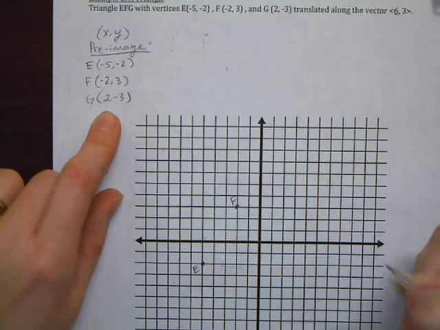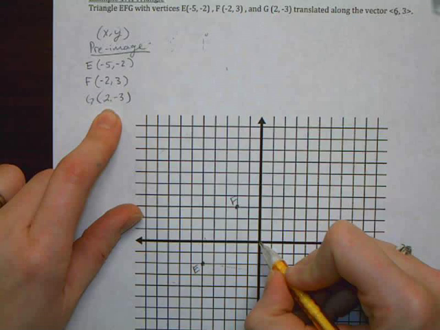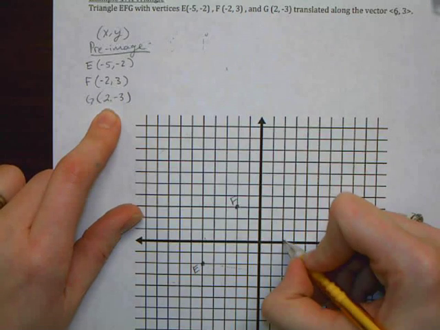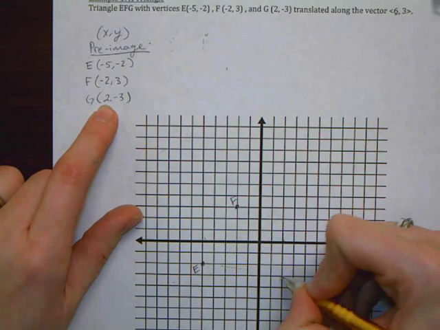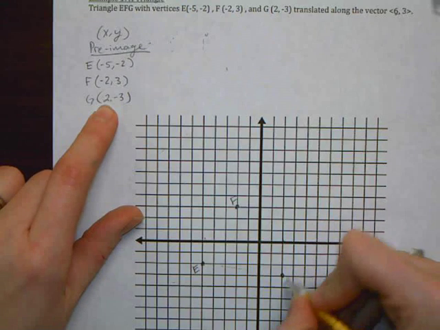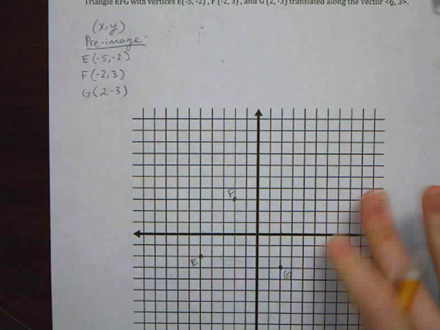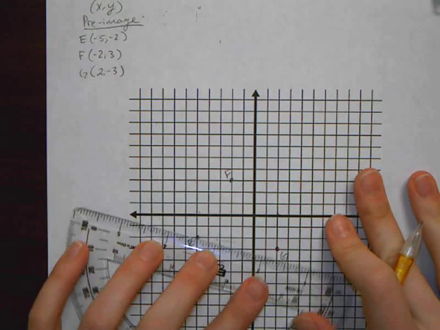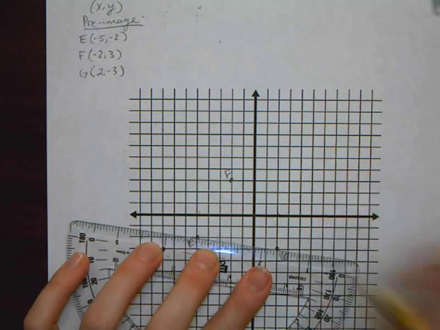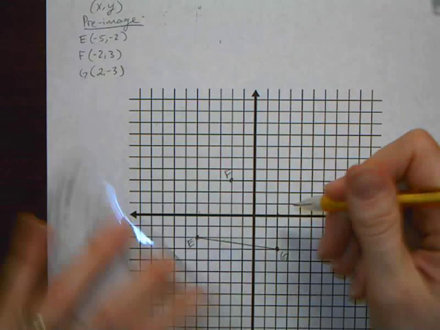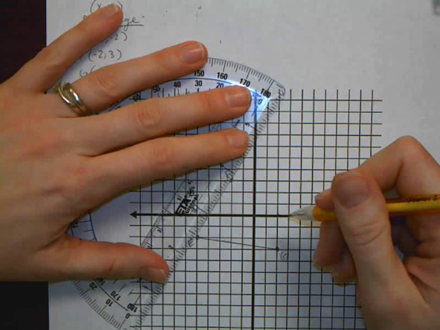So I'm going up 3 and labeling that point F. Point G, I go back to the origin and go to the right 2 because I have +2, and then down 3 for my Y value. I'm going to use my straight edge now to connect those points so that I can see my pre-image.